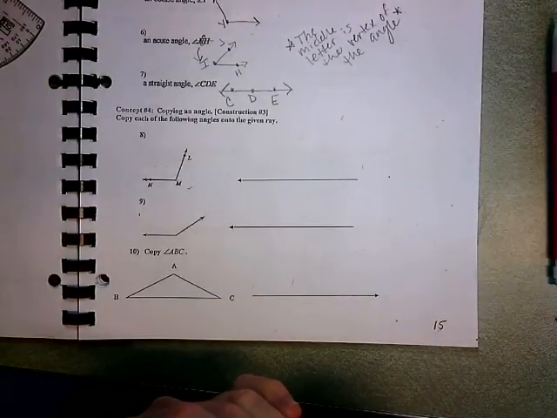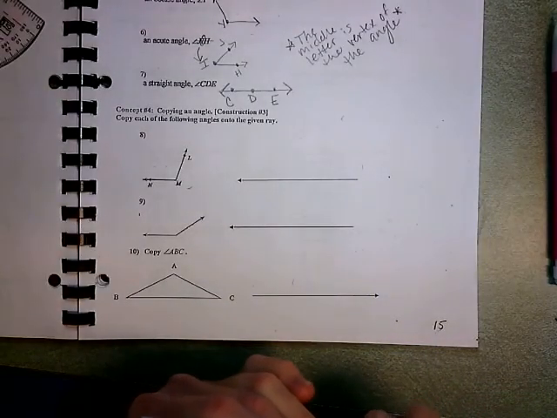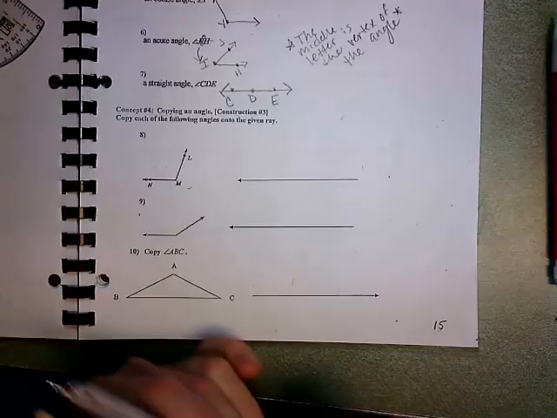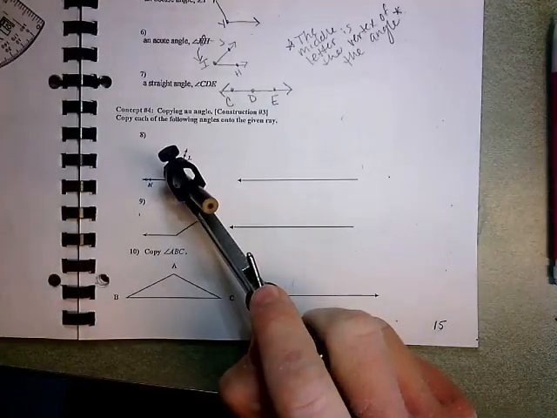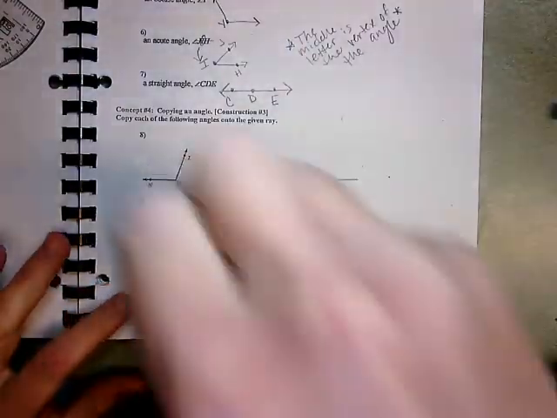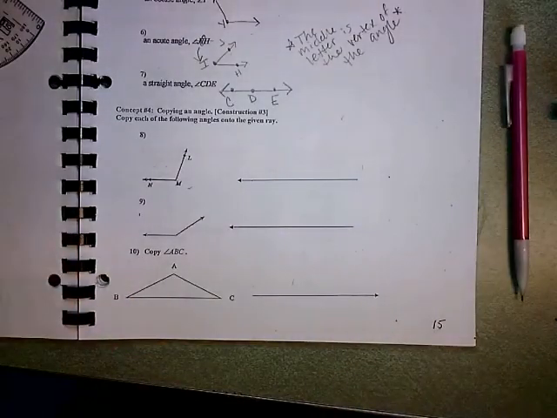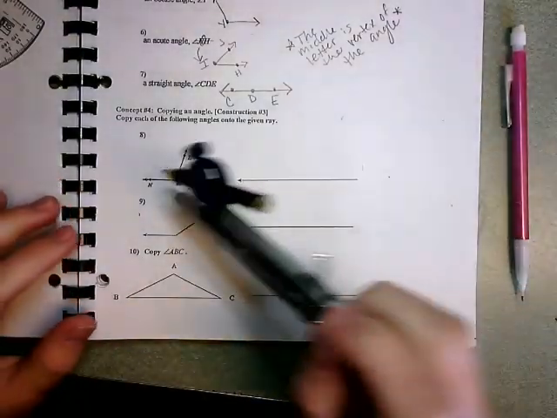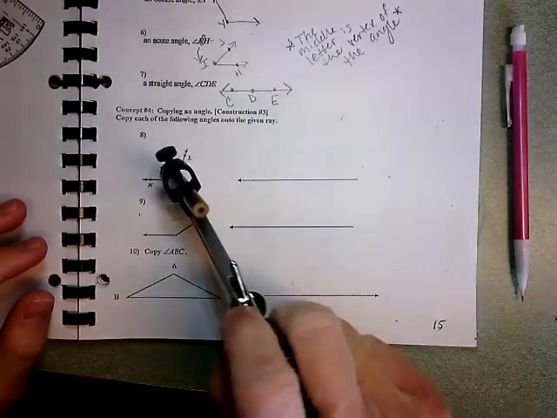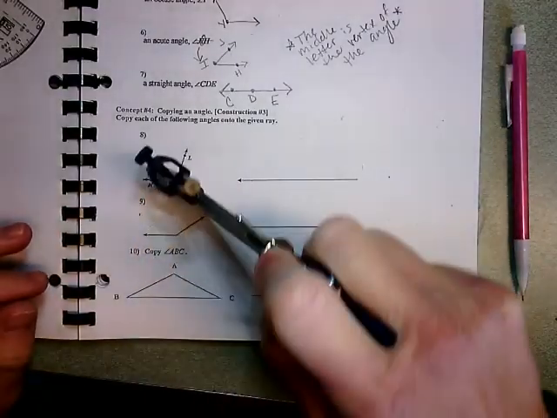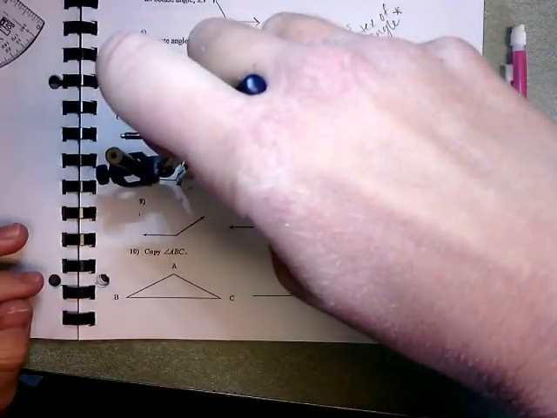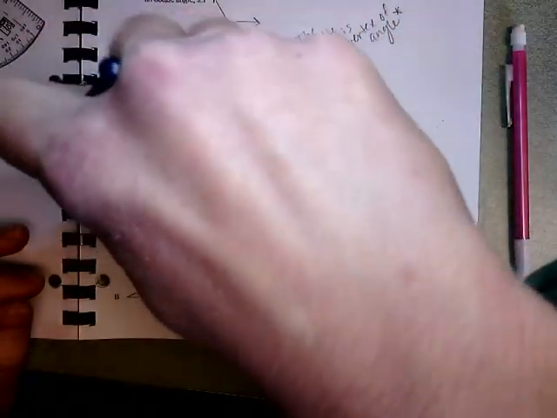So the first step in copying an angle is, no, I lied. Okay, never mind, ignore me. Put your compass point on point M, and draw an arc so that it hits the rays both times.